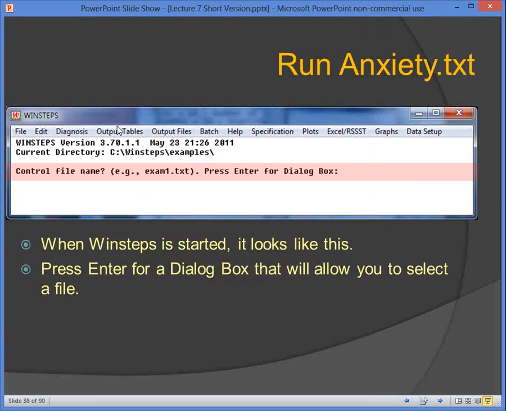If you can start WinSteps, on the File menu you should find a link to recently used files. Since we dealt with anxiety.txt last week, that should be on the list of recently used files. If you can just start WinSteps, that's half the ball game.